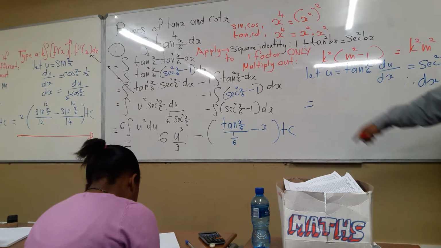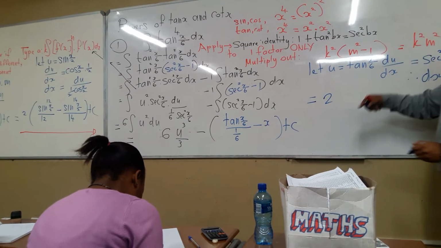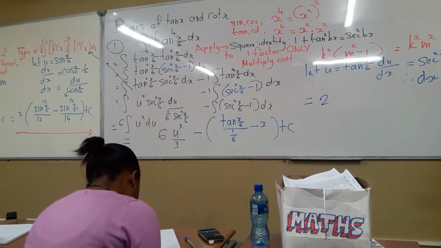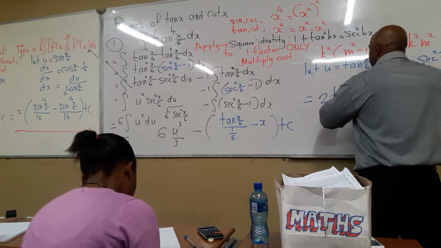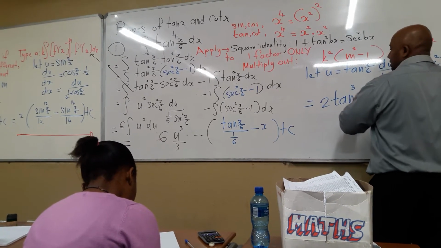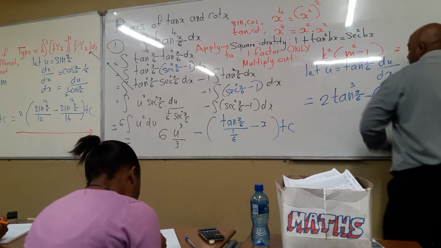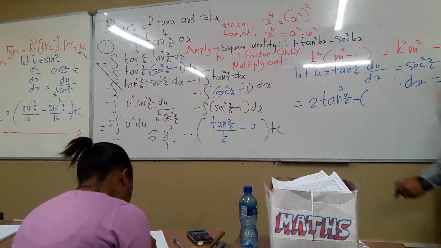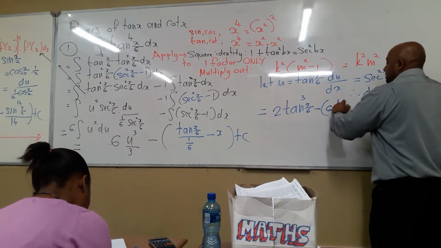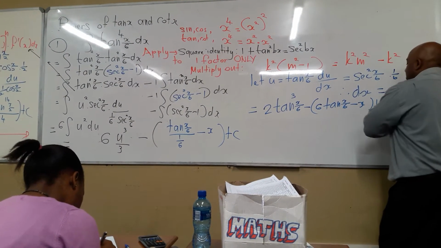We got 6 divided by 3 there, so that's 2 u cubed. What was u? U was tan. So that will be 2 tan cubed of x over 6, then you got minus, you got tan x over 6 divided by 1 over 6, which is 6 tan x over 6, minus x plus c.